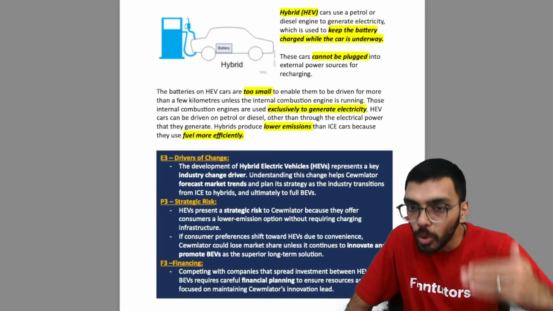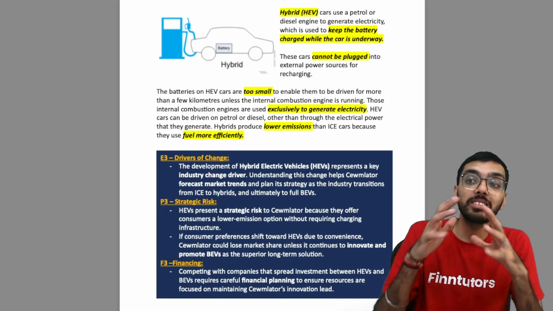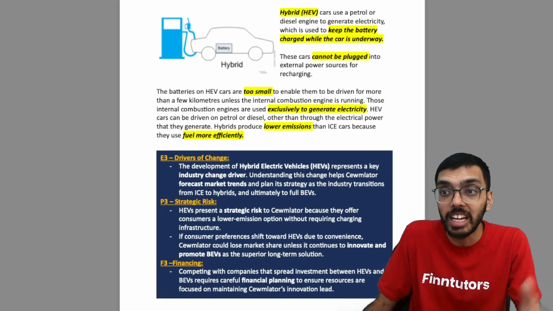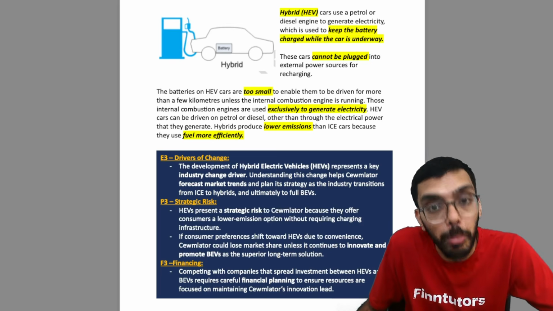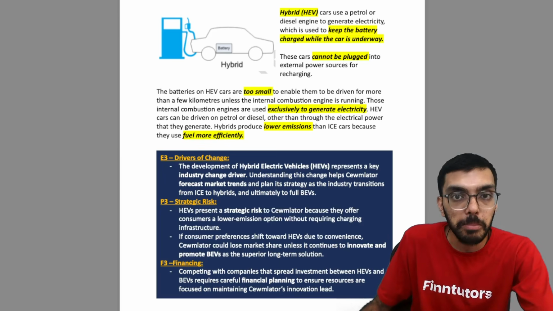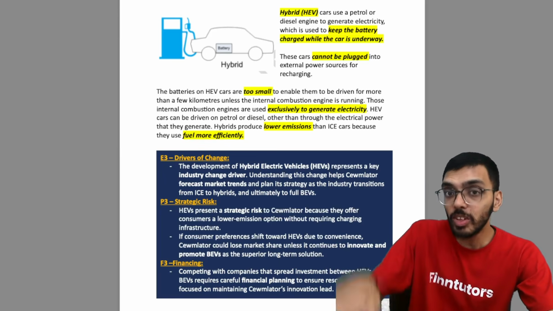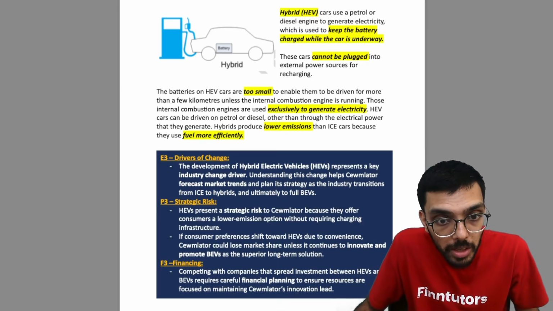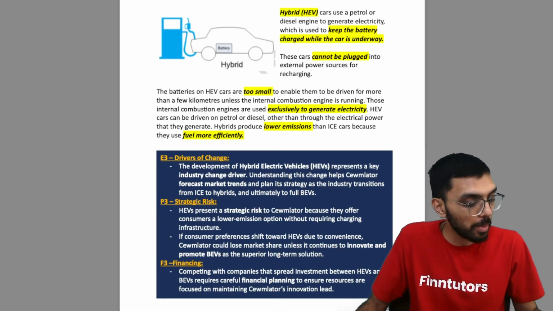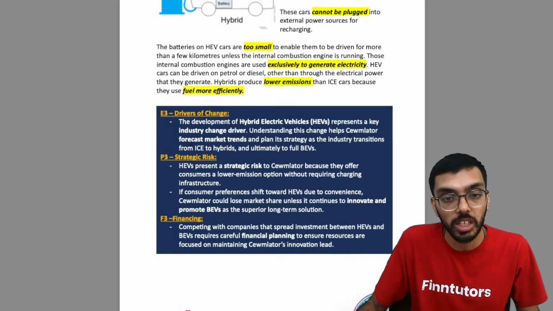We need to look deeper into that because that will help us define the company's forecasting, the company's competition. Because if you're only selling BEVs, then PHEVs and HEVs become your competition, although it's in the same industry. So an external market deep analysis is going to be an important consideration.